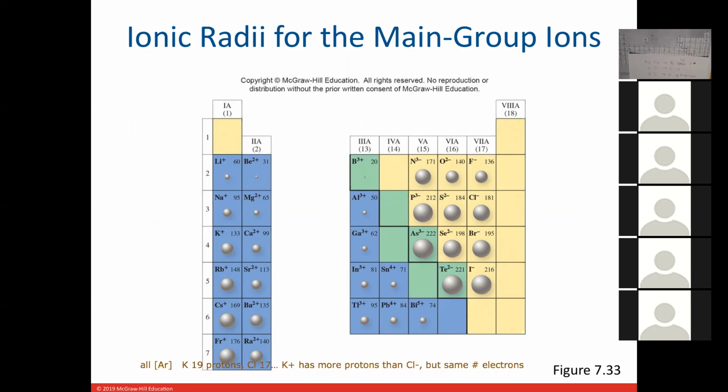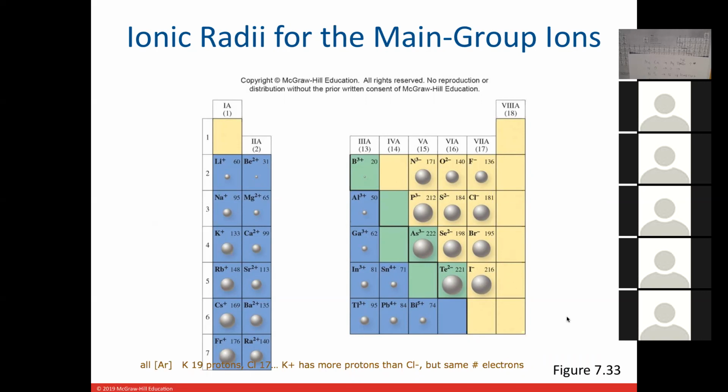And then the one they're not showing is argon. Argon would be a little smaller than chloride. I'm sorry, isoelectronic with chloride would be potassium. So potassium would be smaller than argon and chloride, and then calcium would be smaller still, right? So this is showing the relative sizes of ions.